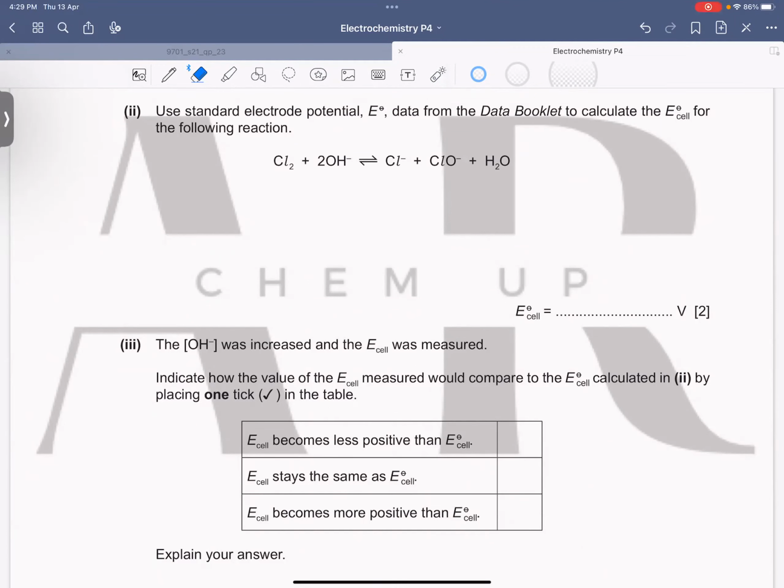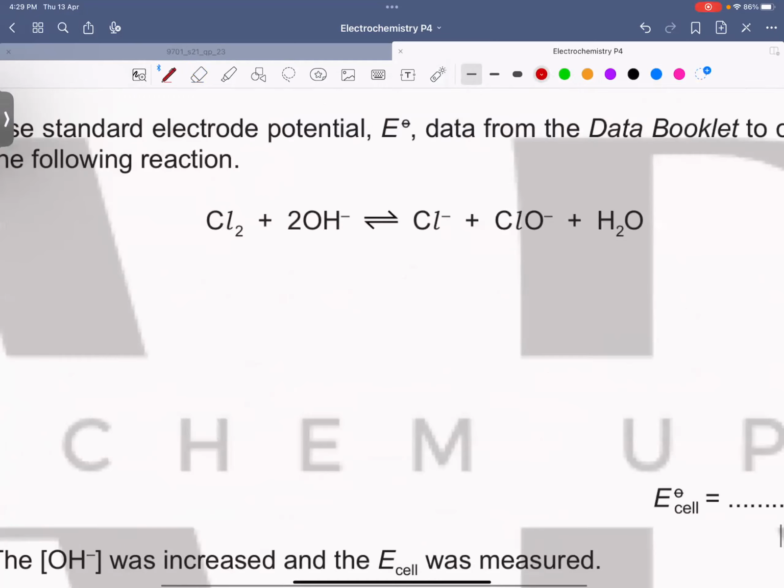So if you see over here, chlorine is 0, one chlorine becomes -1 and one chlorine becomes +1, right? And rest of the elements do not change their oxidation state.